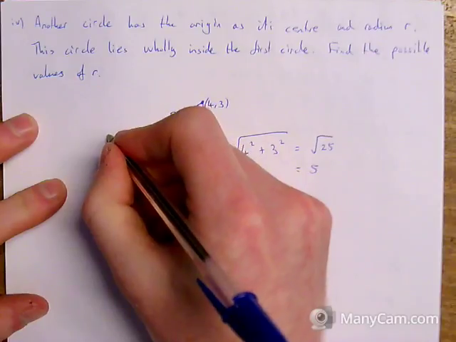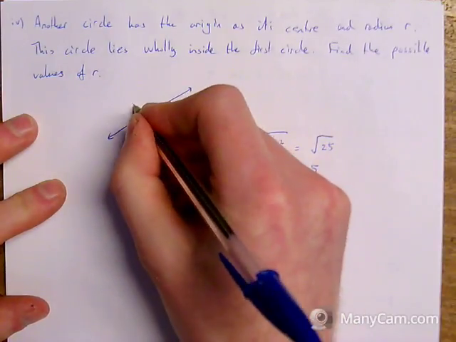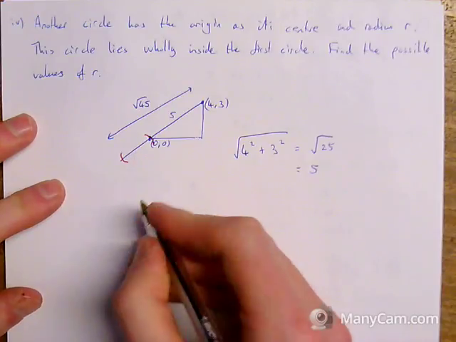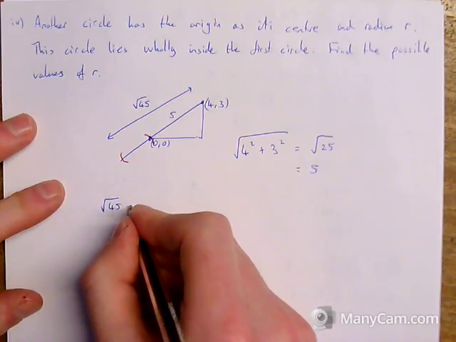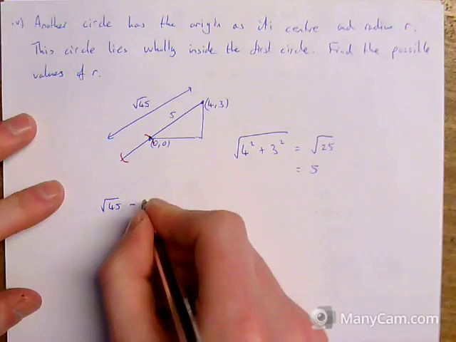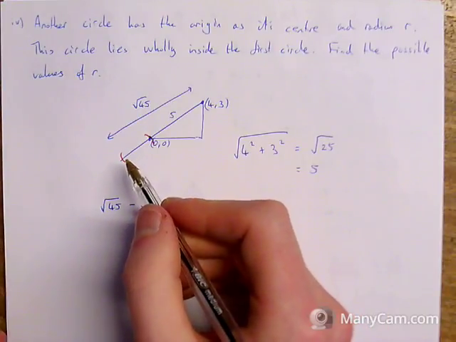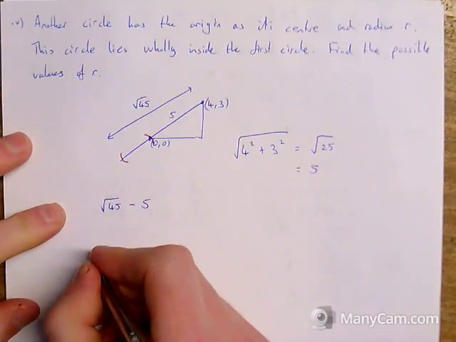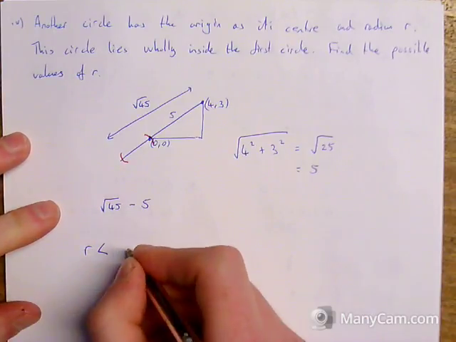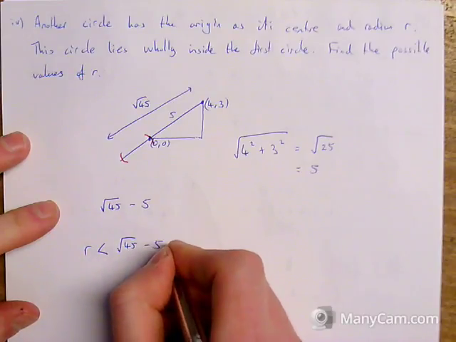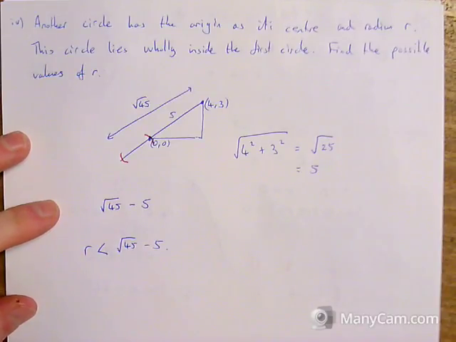We found out earlier that the whole radius was the square root of 45. Just to work out that red part that's there, I'd need to do the square root of 45, take away 5, to give me this part here. So the radius of that little circle that has the origin as its centre has to be less than root 45 minus 5. And that's your final answer.